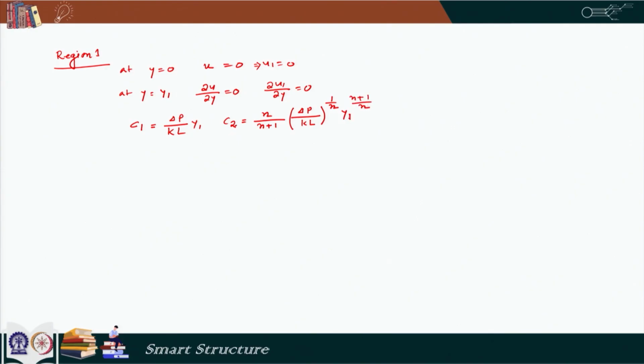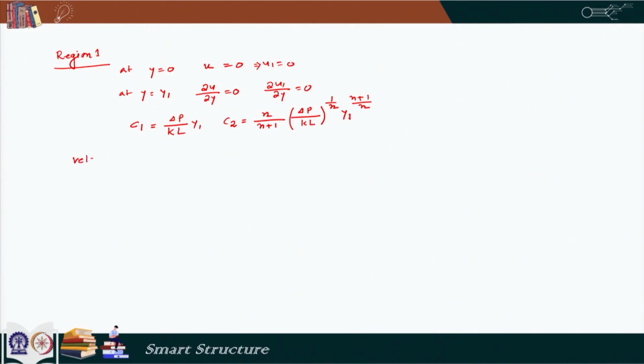So, these are the two constants that are evaluated after applying the boundary condition. So, after evaluating the constants, we can put them in the equation for u, and that gives us the velocity profile.